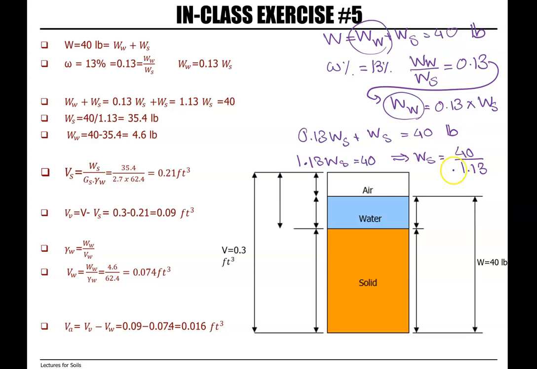So you get your weight of solids as 35.4 pounds, and then you can calculate weight of water as total weight minus this number, so you get 4.6 pounds.